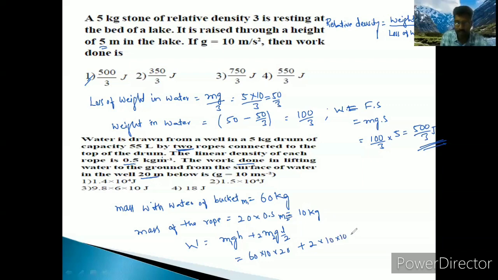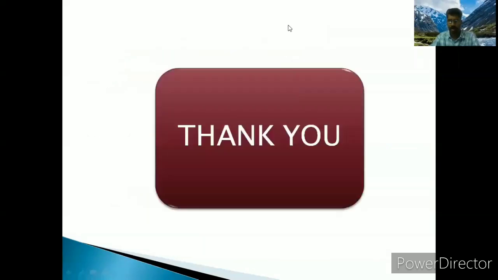L is equal to 20 by 2, so 10. So how much can we get? 12 into 3 zeros plus 2 into 1, 2, 3 zeros. 12 plus 2 means 14,000 joules we will get. But the option is not there. So we can write 1.4 into 10 to the power of 4 joules is the answer. Which one? The first one is the correct answer. Okay, thank you.